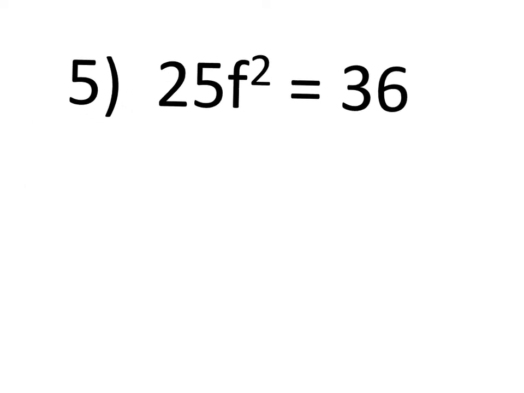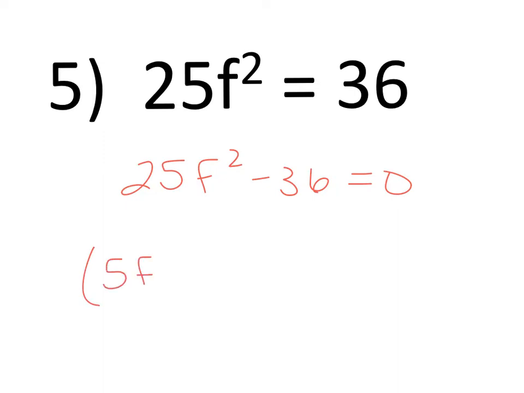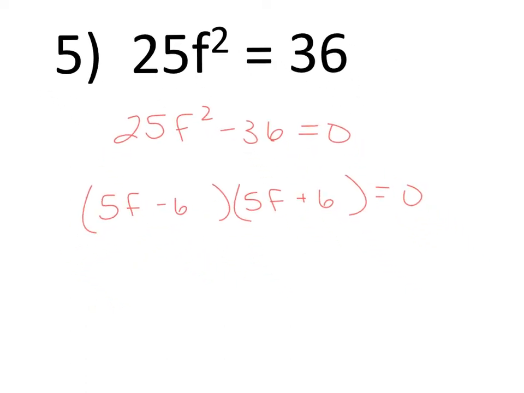Okay, on this one, we're going to set it equal to 0. So I'm going to have 25f squared minus 36 equals 0. Now I'm going to do 5f. This is a difference of squares, right? You've got subtraction and you can square root. So 5f minus 6 and 5f plus 6. Now I'm going to set each one equal to 0.